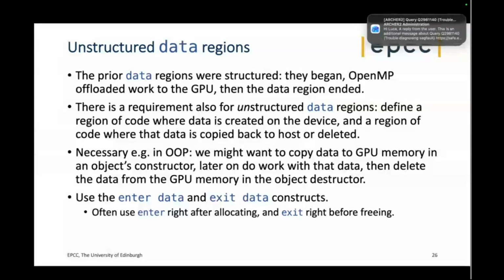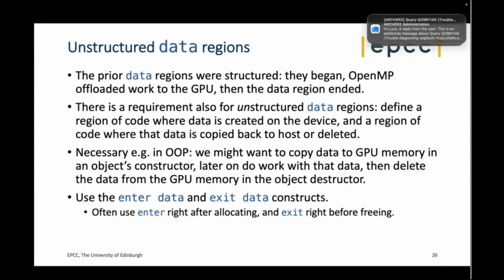It's also useful if you're using an object-oriented style of programming, where you have some object which is created and destroyed. Whenever that object is created, you may want to create some data on the GPU, and whenever the object is destroyed, remove it from the GPU.